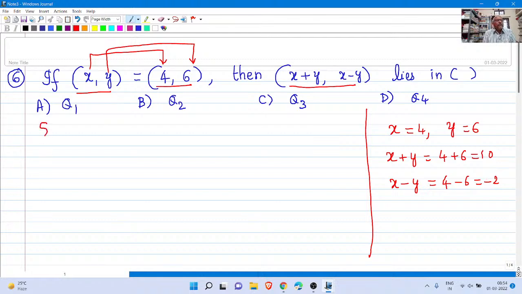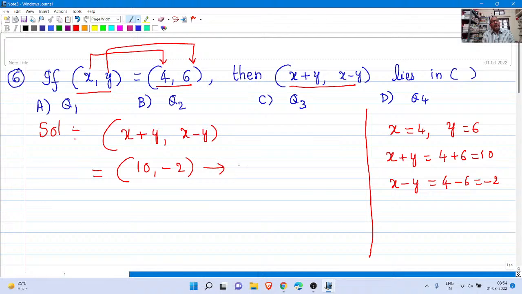Therefore, (x plus y, x minus y) becomes (10, minus 2). It has the sign pattern plus comma minus. So it lies in the fourth quadrant.